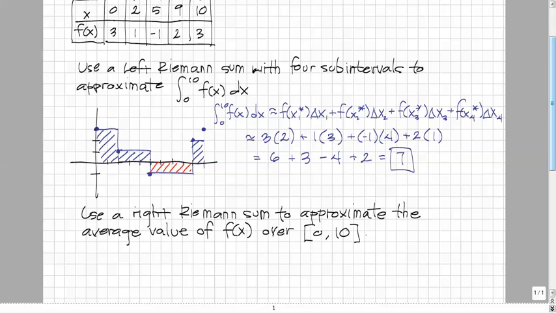That means we're going to have to remember our average value of a function formula. We know that f average is equal to 1 over b minus a, the length of the interval, multiplied by the integral from a to b of f of x dx.